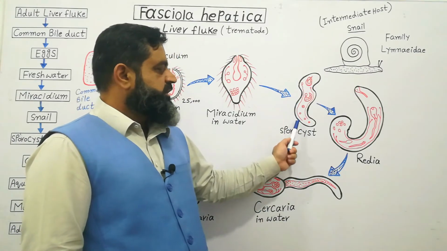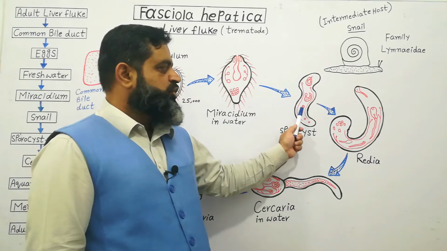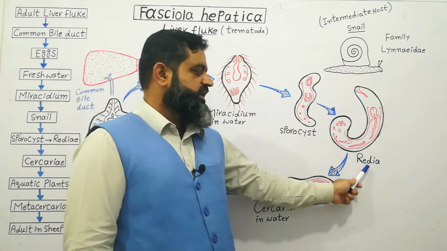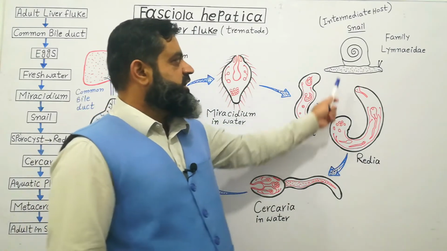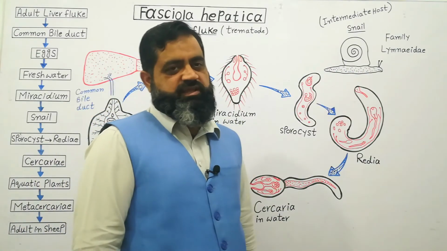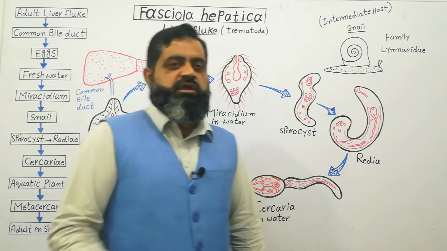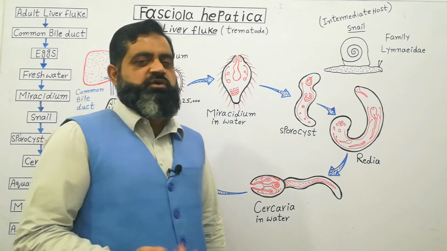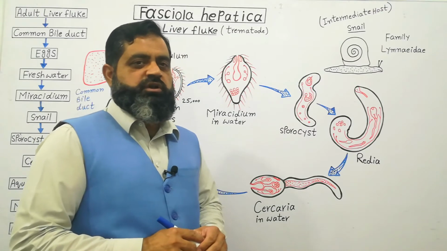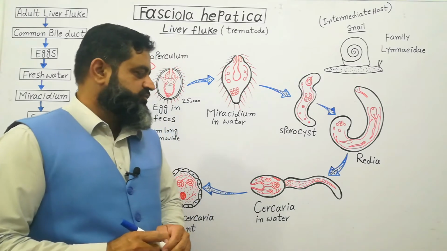After becoming sporocyst, this larva modifies into another form which is known as redia. After becoming redia, it leaves the body of the snail and again starts to live in the water. It lives in the water, feeding on small bacteria, algae and food particles.